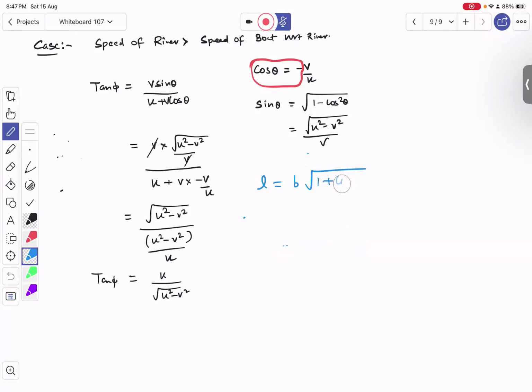B into 1 plus cot square phi. Yeah, here wrong. No, minus V by U here.